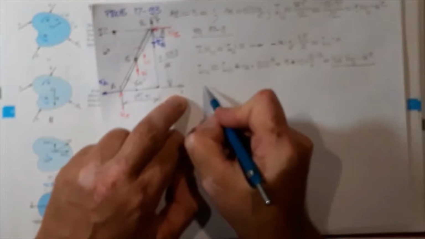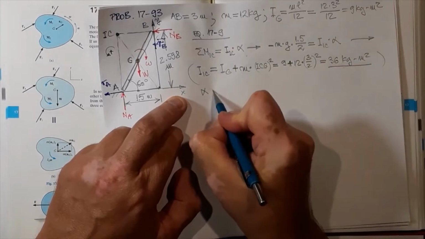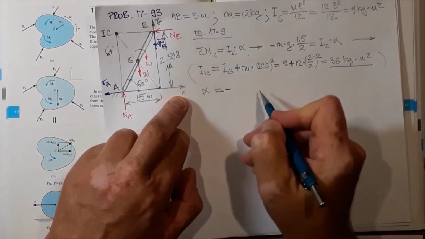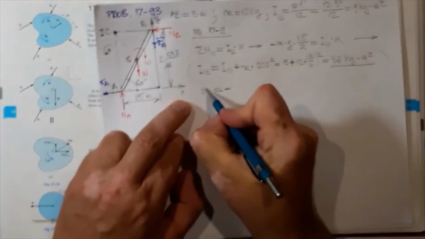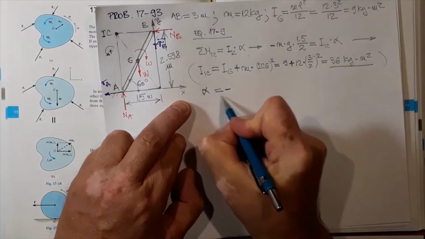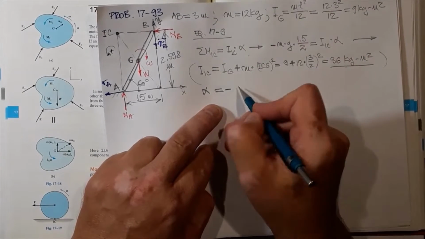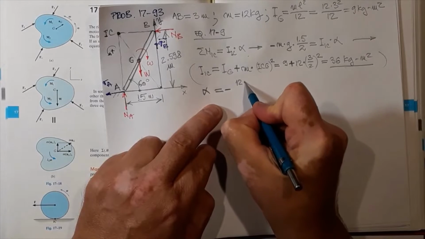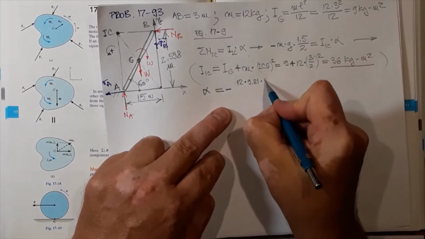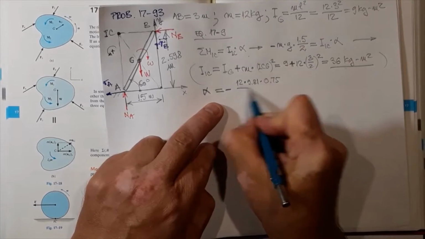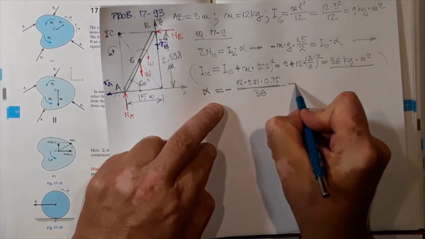We can now calculate alpha from this equation. Alpha equals negative, meaning it will be a clockwise angular acceleration: negative 12 times 9.81 times 0.75 over the 36 kilogram meters squared.